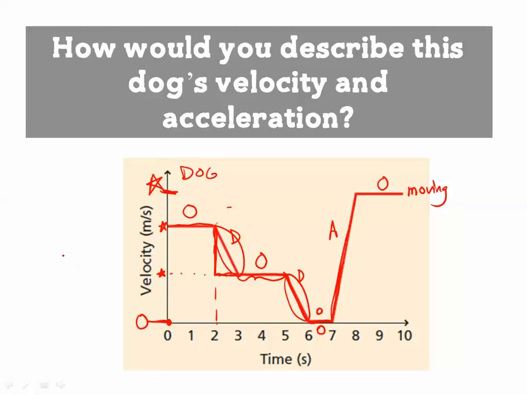So hopefully you get in the habit of reading these graphs, knowing that positive slope means positive acceleration, negative slope means negative acceleration, 0 slope means no acceleration, constant velocity.